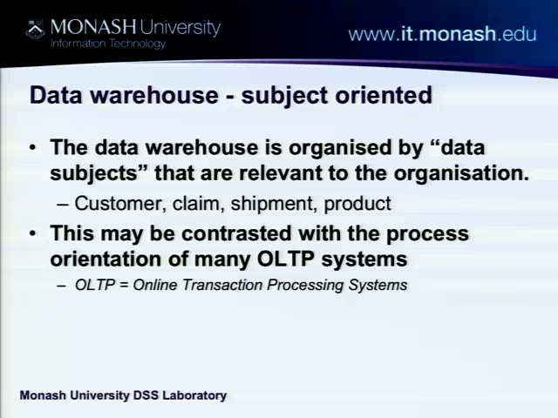In a fully normalised database, customer data might actually sit in 3, 4, 5 different tables. And in an organisation with multiple information systems, that customer data may sit in 3 or 4 different information systems as well. So a normalised traditional operational database tends to have split data organised or structured according to what's most efficient from a data management perspective.